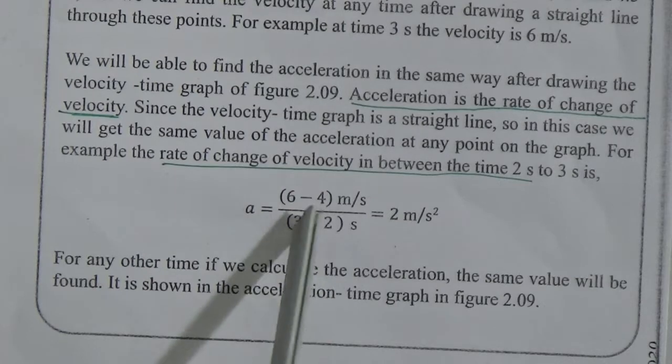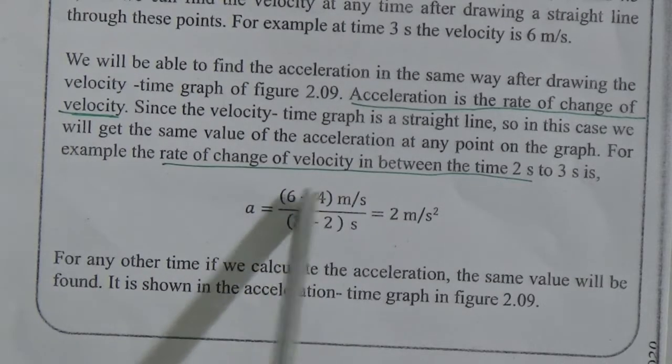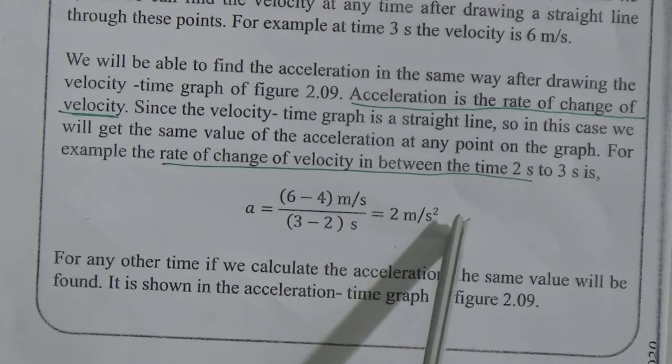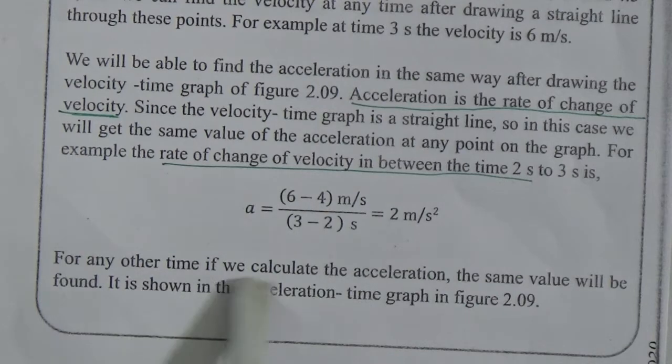Here we put in 6 minus 4 over 3 minus 2. Now we get 2 meter per second square. For any other time, if we calculate the acceleration, the same value will be found. It is shown in the acceleration time graph in the figure here.